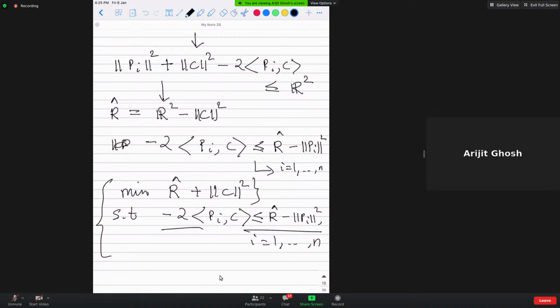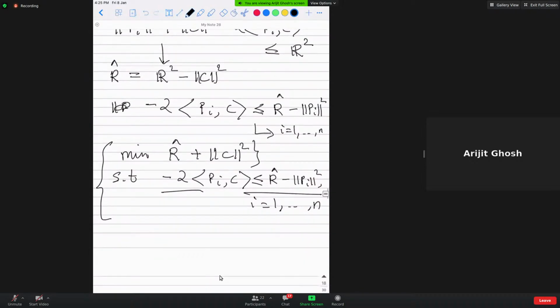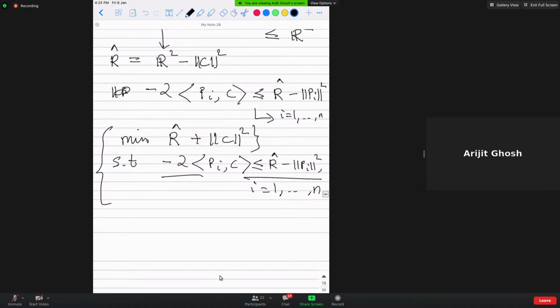So in the optimization class we learn how to solve this kind of thing. This is a standard technique, basically what is called the prune and search technique. Prune and search is there to solve problems like this.